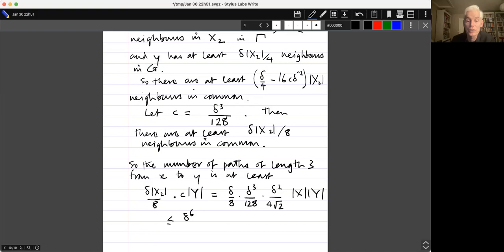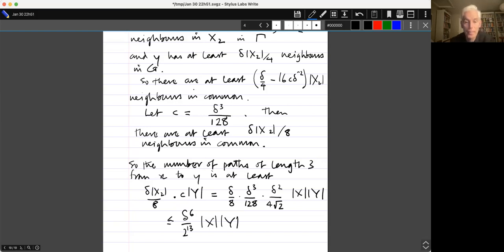So 128 is 2 to the 7, that's 2 to the 3, so we've got 2 to the 10 times another 2 squared, so that's up to 4096 times root 2, so we've got 2 to the 12, let's say delta to the 6 over 2 to the 13. That's not quite as good as I thought it was going to be, but it's okay.